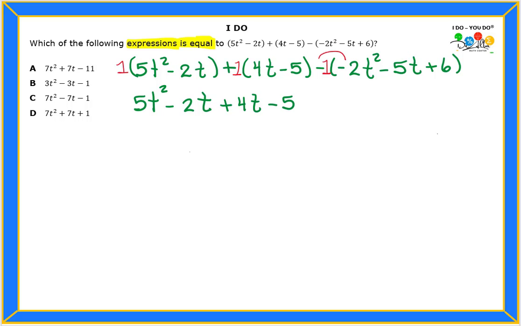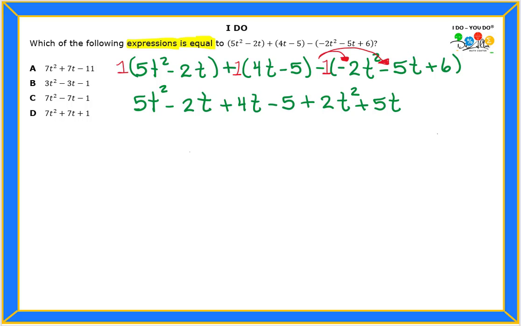You multiply negative 1 times negative 2t squared, so it's like multiplying negative 1 times negative 2. That will give me a positive 2t squared. Then I'm going to continue. Negative 1 times a negative 5t. Negative 1 times a negative 5 gives me a positive 5t.